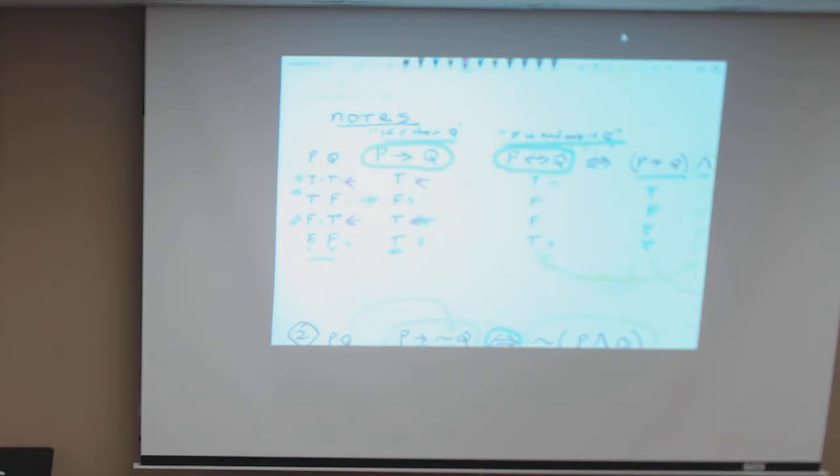When Q is true, if-then is true, if P is true or if P is false. Do you follow that? If Q is true, if-then is true, whether P is true or false. It doesn't matter what you use. P can be true or false.